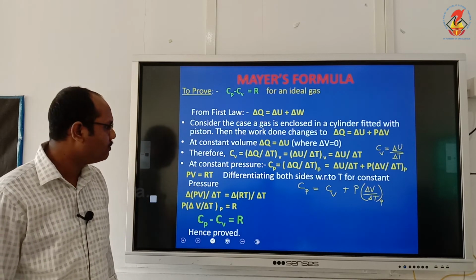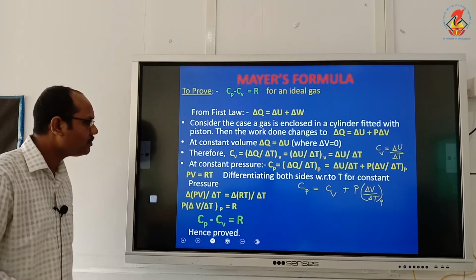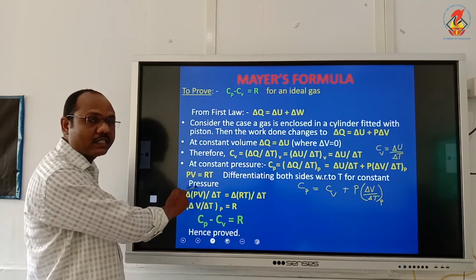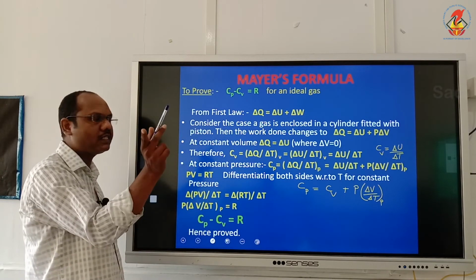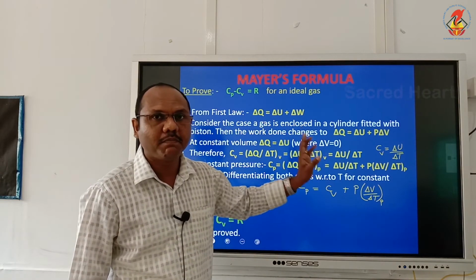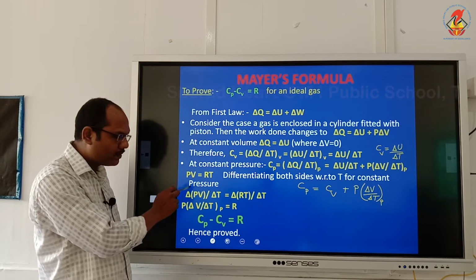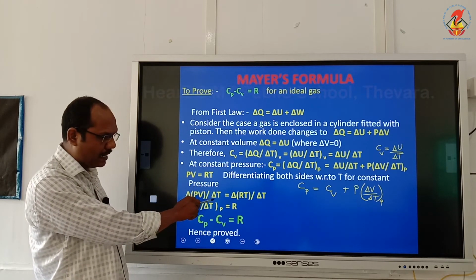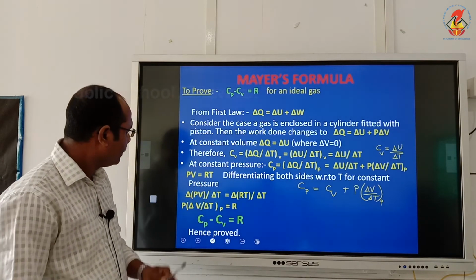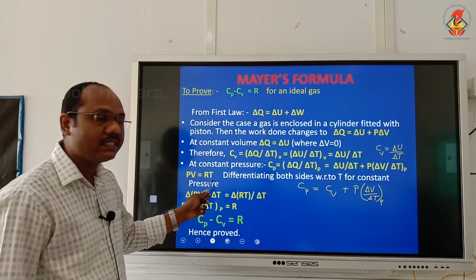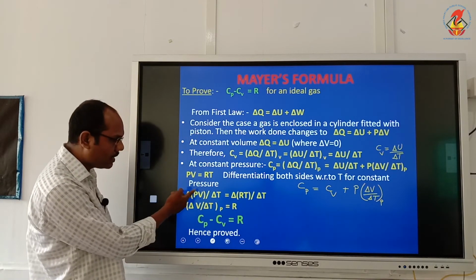Differentiating both sides with respect to T, keeping the pressure constant, delta PV divided by delta T is equal to delta RT divided by delta T. Now, since pressure is constant, I take pressure outside.